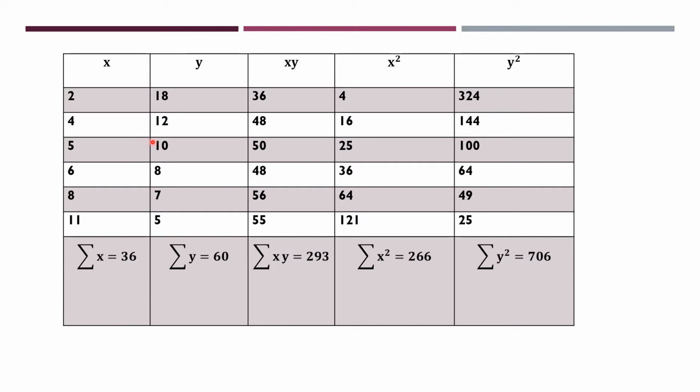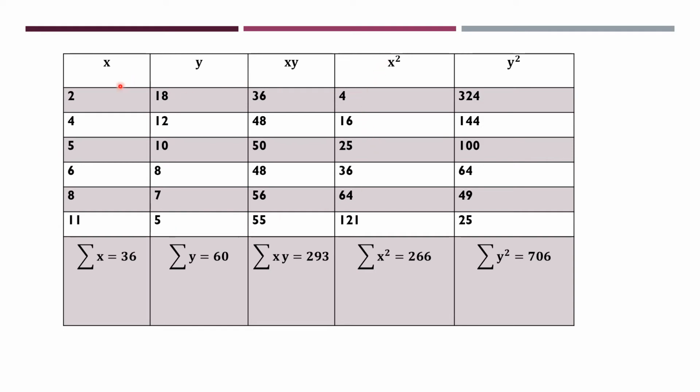x and y are already given in the problem. Now calculating x into y. So 2 into 18, 36; 4 into 12, 48; 5 into 10, 50; 6 into 8, 48; 8 into 7, 56; 11 into 5, 55.